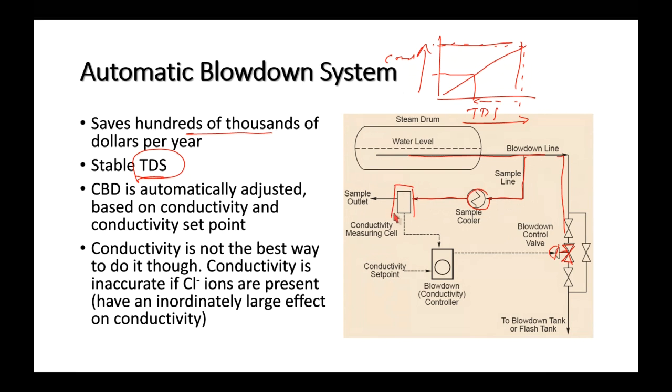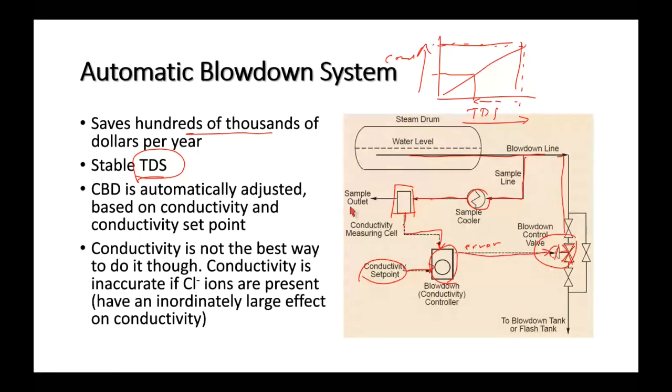And then here is our conductivity measurement, a primary sensing element, and it's going to send a signal to our blowdown conductivity controller. And so we're going to have a conductivity set point. It's going to compare the blowdown water conductivity to the conductivity set point. It's going to give you an error signal, which is our control output signal, and it is going to go to this blowdown control valve and control the amount of blowdown.